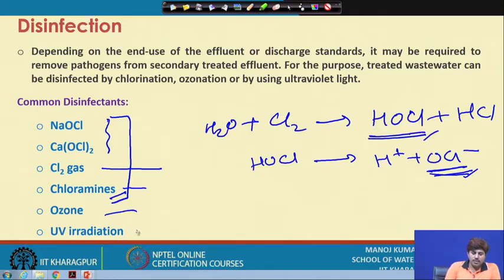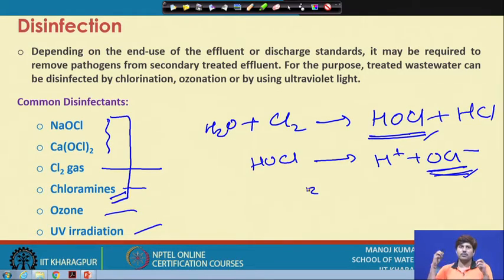Then there are ozone and UV radiation. Ozone is again a strong oxidant which can have disinfection abilities as well, and UV. Bacteria cell walls absorb UV light at a few wavelengths.